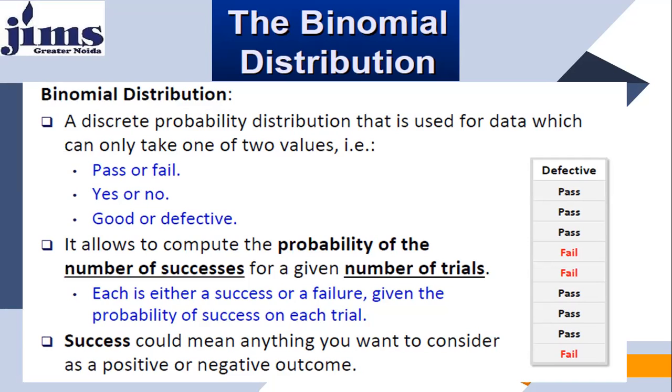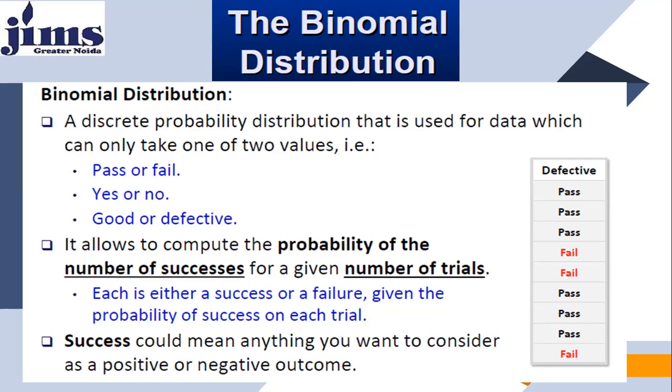So binomial distribution is a discrete probability distribution that is used for data which can only take one out of two values. Means you have two choices, and out of two, one is your favorable. Means one you want from two, and this is your success.